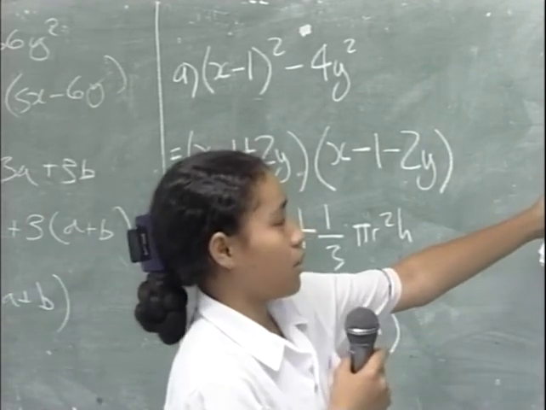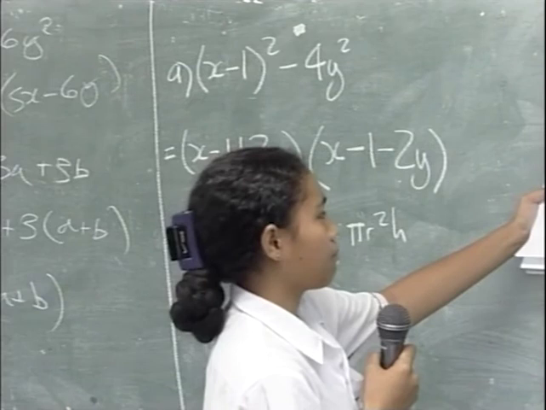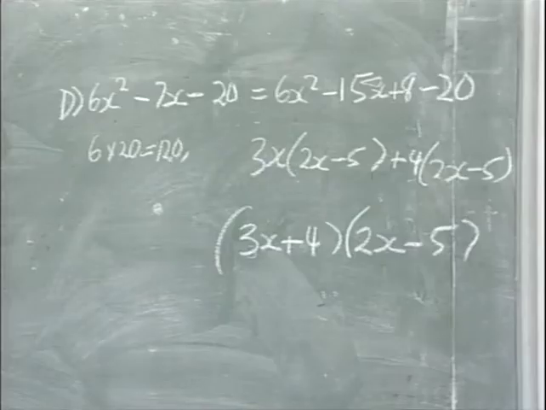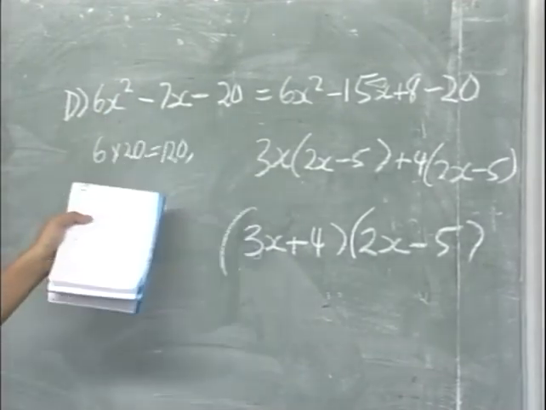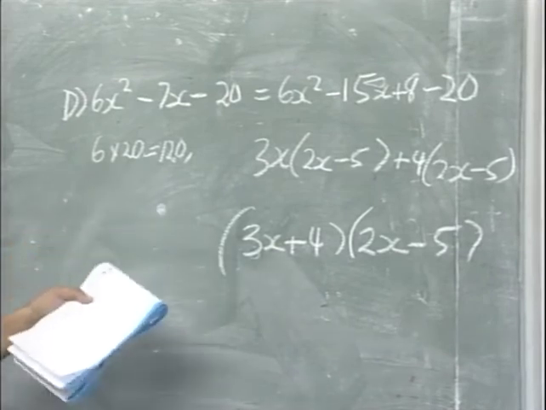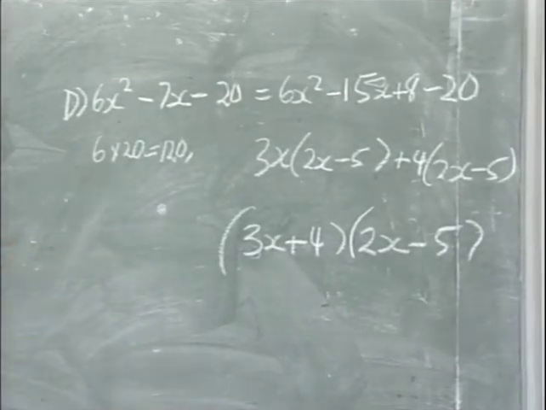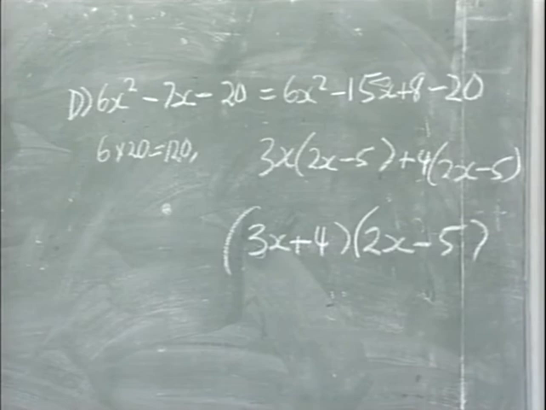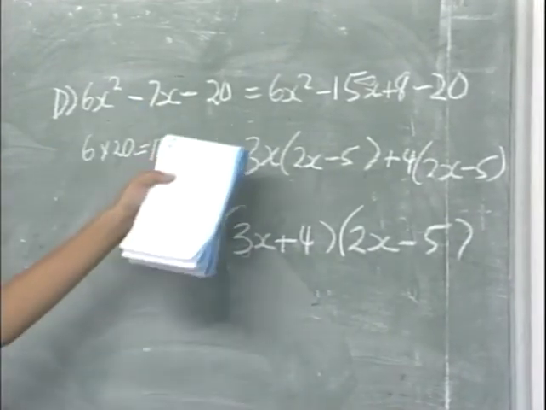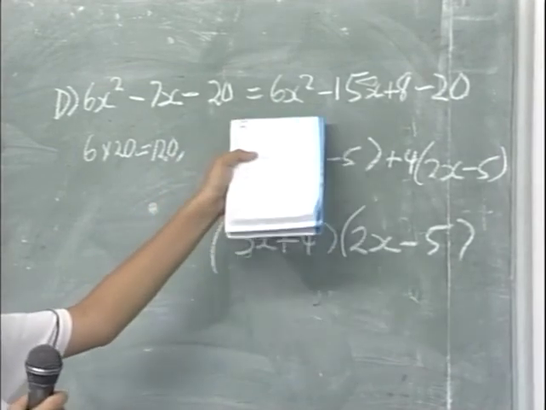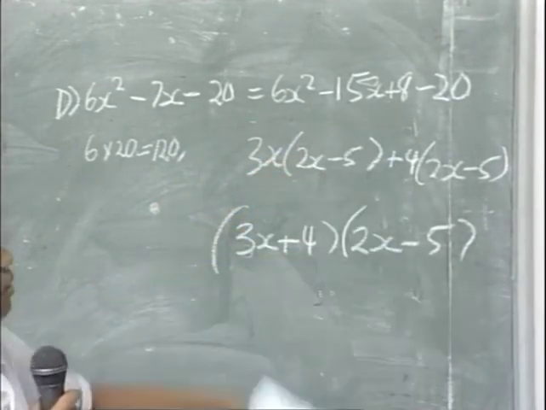Okay, up here we can see that with 6x squared minus 7x minus 20, you multiply 6 by 20, you get 120, and you have to find factors of 120 that when added will give negative 7, which I got as negative 15 and positive 8.